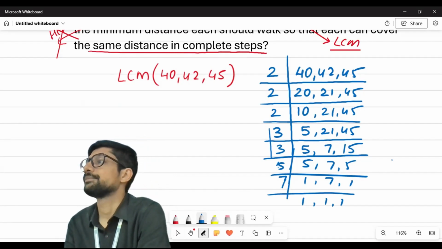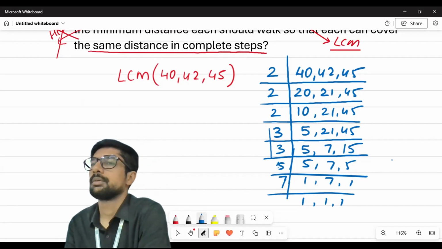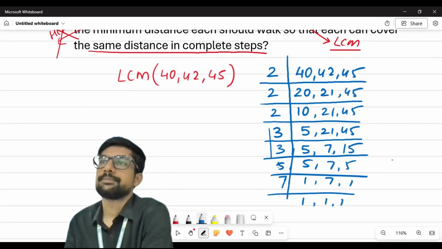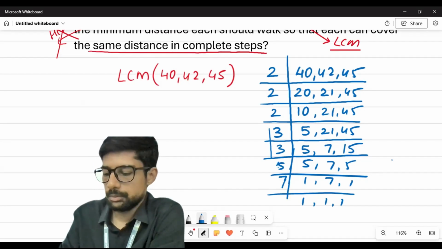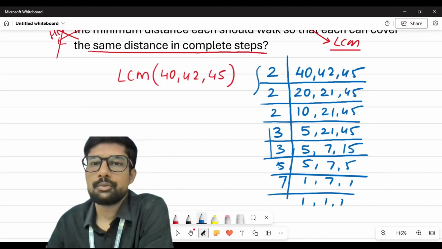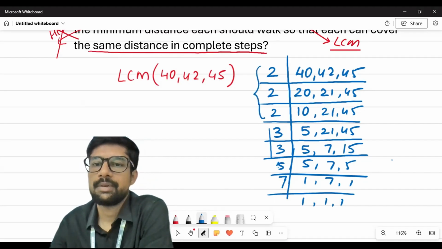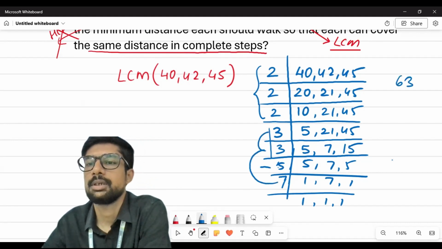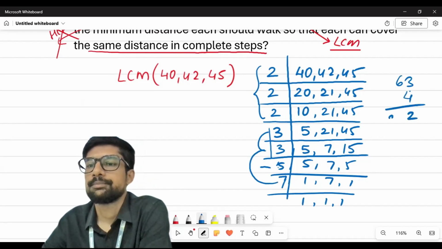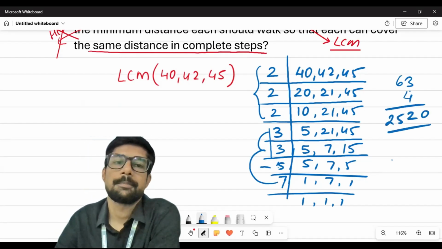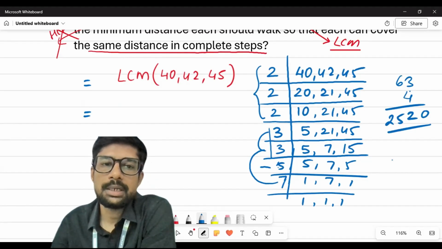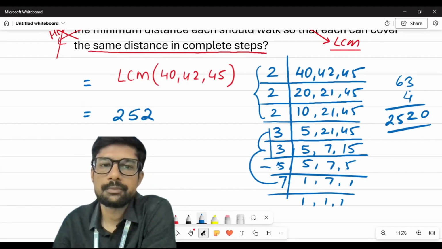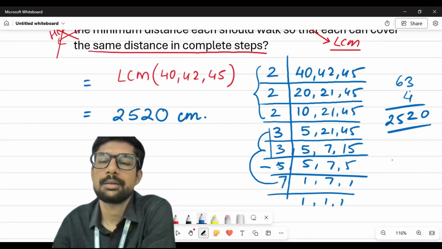What are we getting? 2520. Yes. 2520. 2 twos are 4, 4 twos are 8, 8 fives are 40, and 7 threes are 21, 21 threes are 63, 63 into 40. Yes. So we got the LCM to be 2520 centimeter.